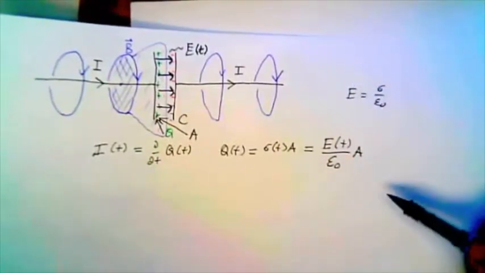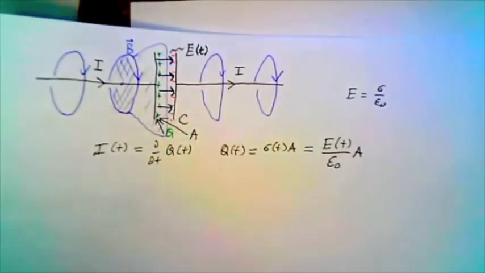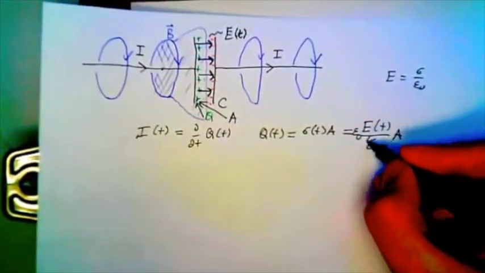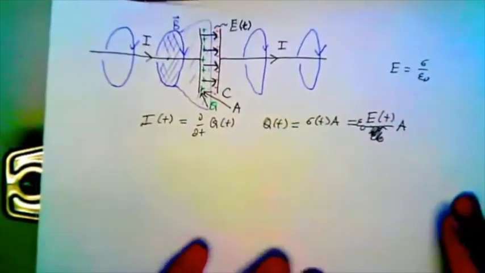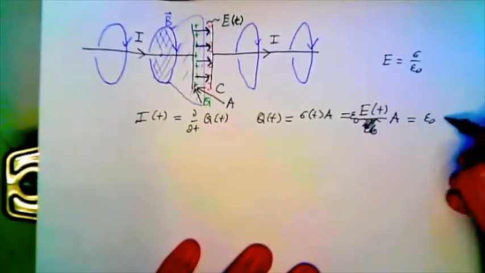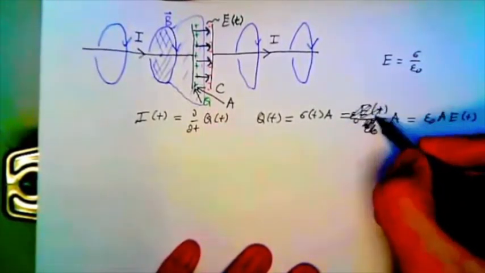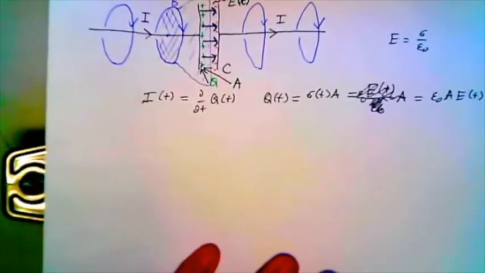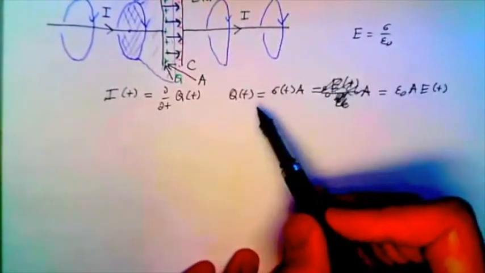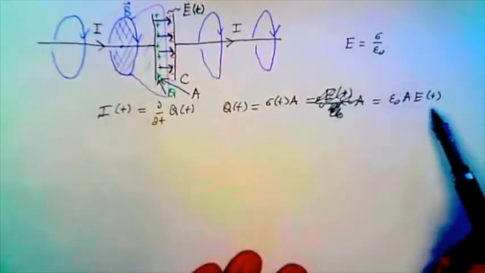We know that this is the field. So I had my epsilon naught on the wrong side, sorry. Let me just write this epsilon naught A E of t, just for completeness sake.